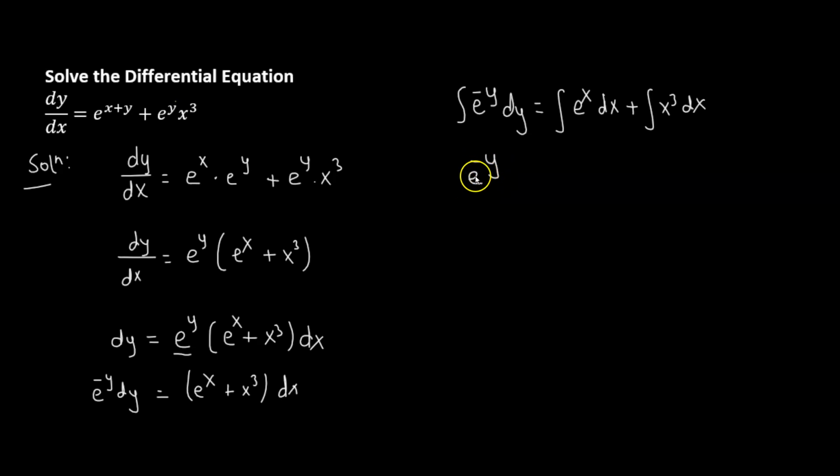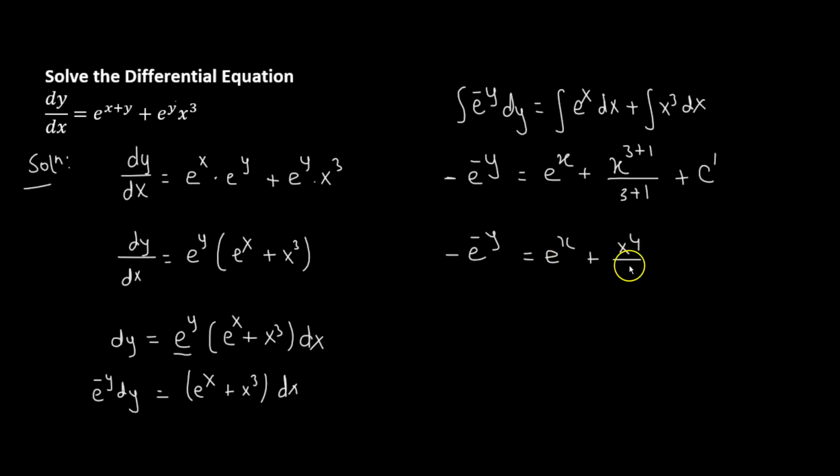Now since we have a negative here, that will give us a negative e raised to the power of negative y, which is equals to e raised to the power of x plus integration of x cubed, so we use the power rule. So we have x raised to the power of 3 plus 1 divided by 3 plus 1 plus the constant of integration c. Let's call it c prime for the time being. So we have negative e raised to the power of negative y equals to e raised to the power of x plus x raised to the power of 4 all divided by 4 plus c prime.